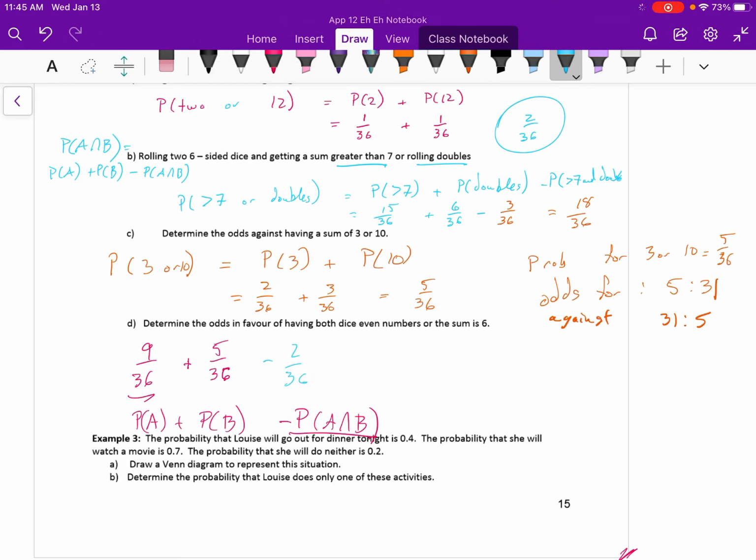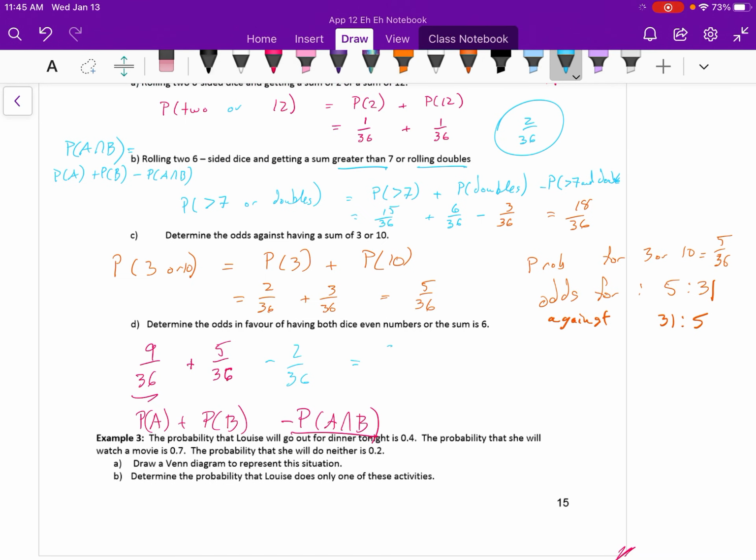So that happens 2 times out of 36. So really, if I add everything together, I get 12 out of 36, or the probability can be simplified to 1/3.